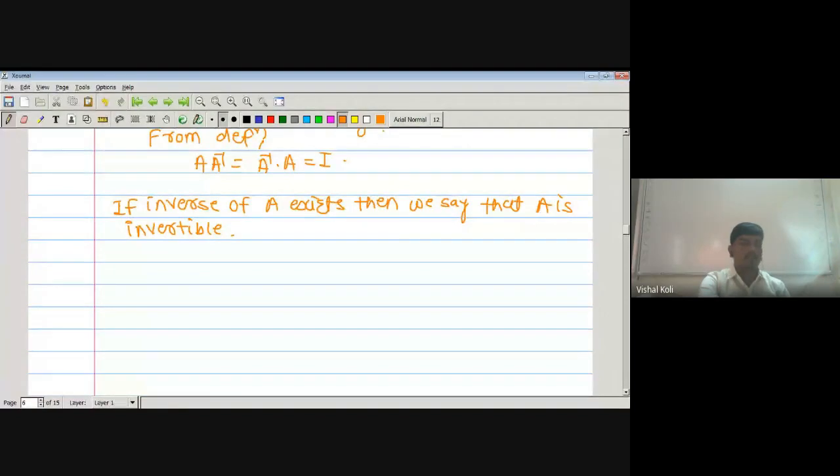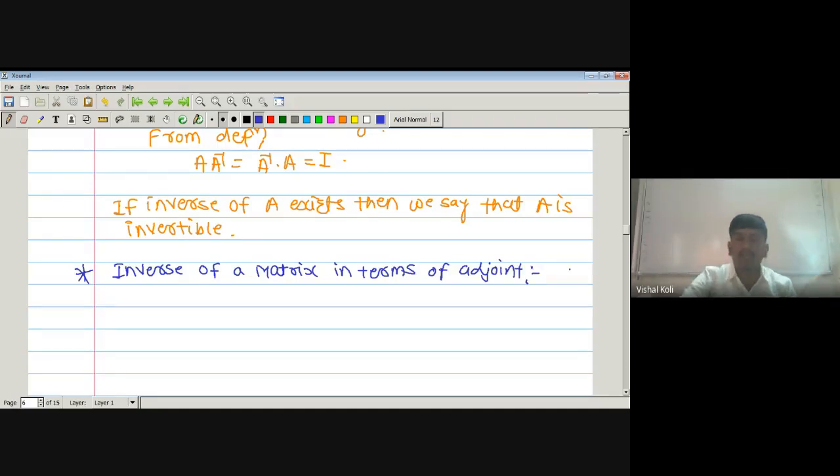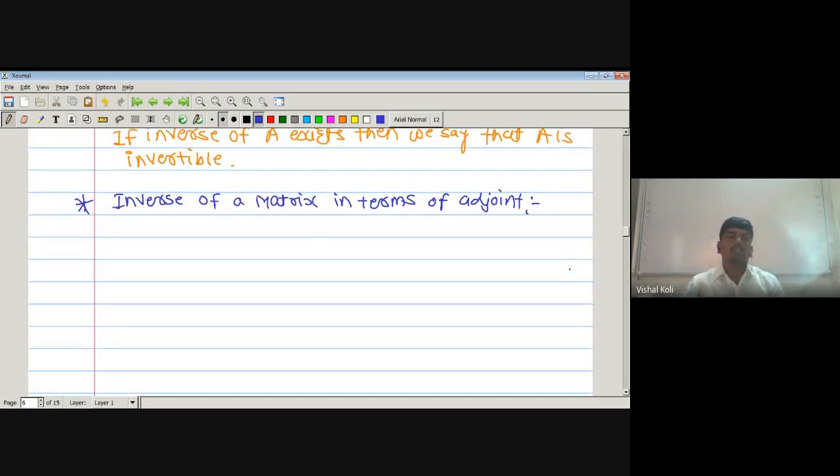Okay. Now we'll study the inverse of a matrix in terms of adjoint. There is one method in which we study how to find the inverse of a matrix by using the adjoint of a matrix.